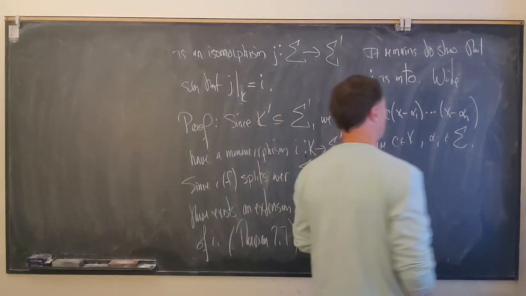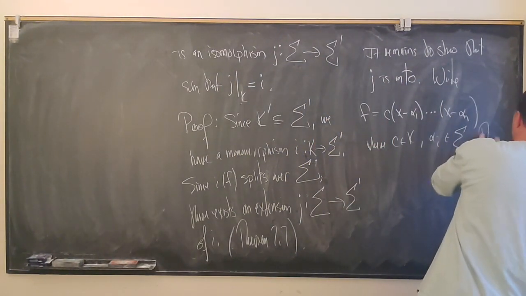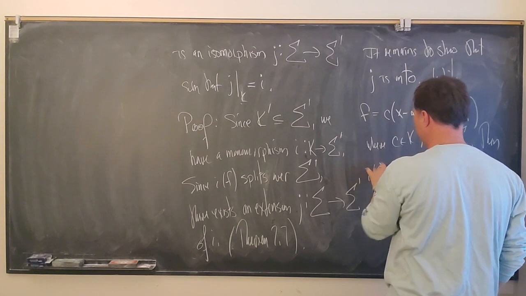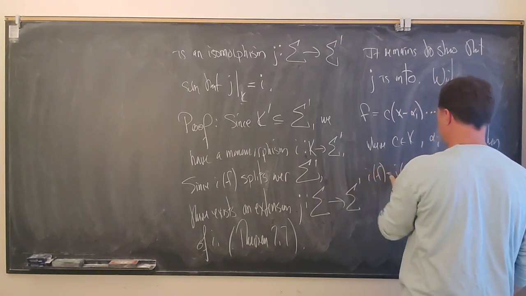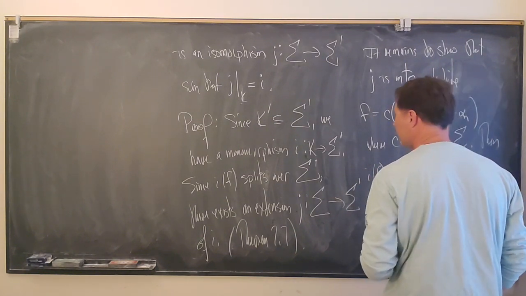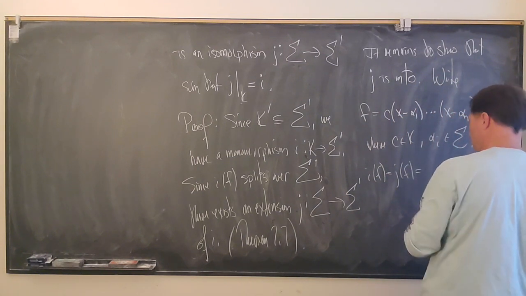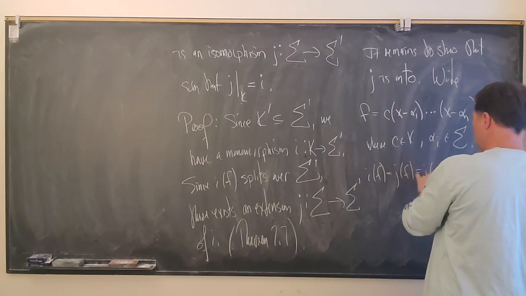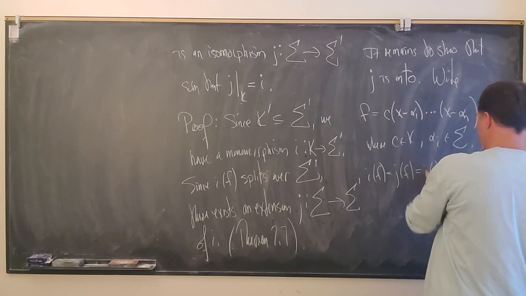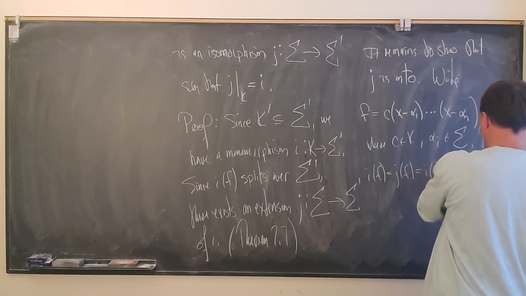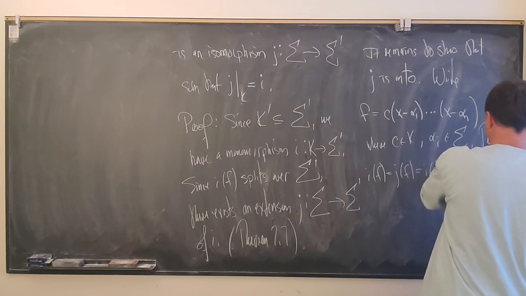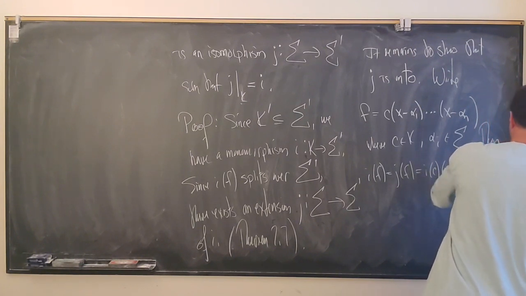So I of F equals J of F, which equals I of C times (x minus J of alpha 1) up through (x minus J of alpha n).